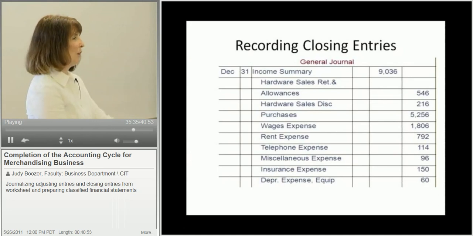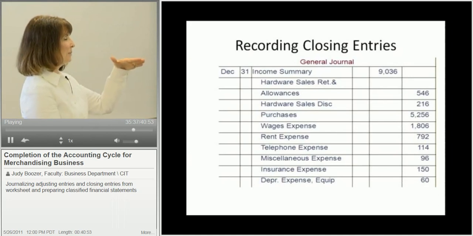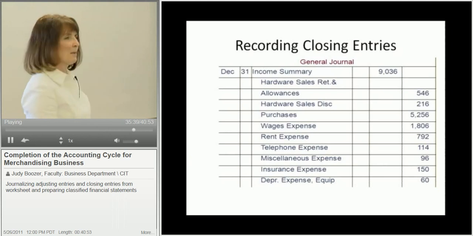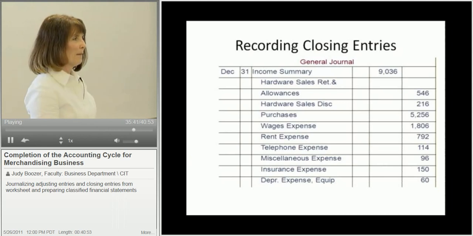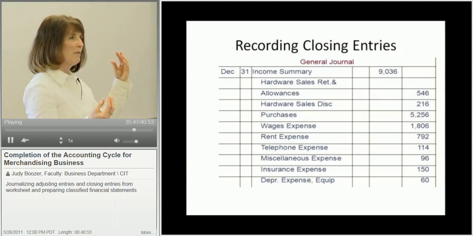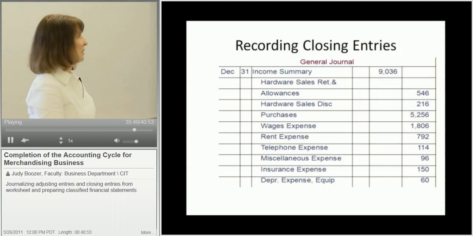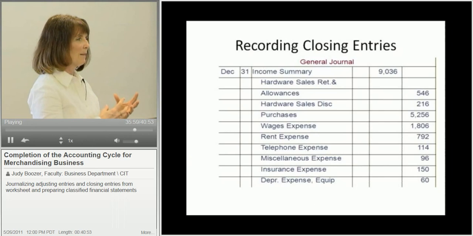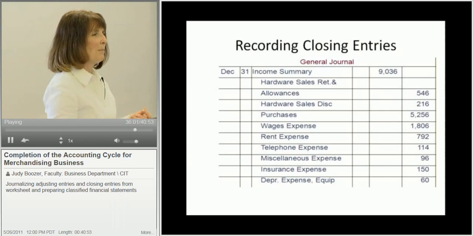And the total of all of them together is my debit to income summary. So I had a credit from the other closing, and now I'm going to have a debit, just like we used to have, but with lesser accounts. So far it's pretty similar, just more accounts. It's the next step that is a little bit different.